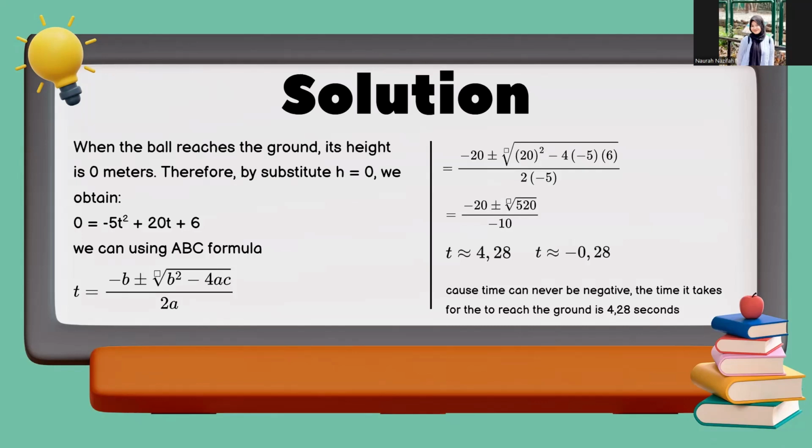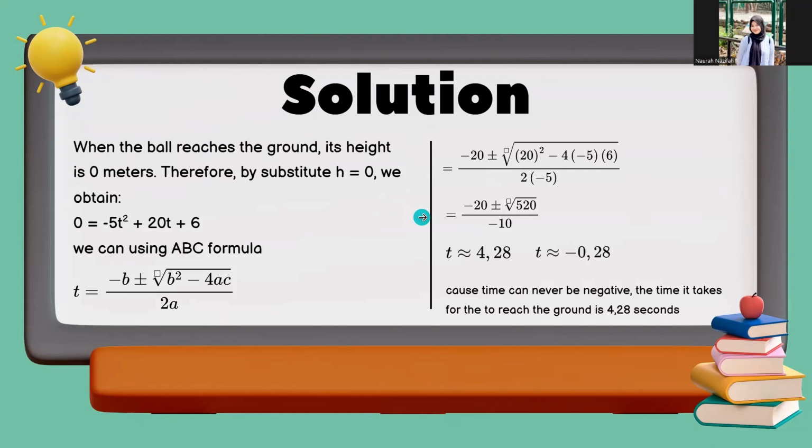t equals negative b plus or minus the square root of b squared minus 4ac, all over 2a. Then we get negative 20 plus or minus the square root of 20 squared minus 4 times negative 5 times 6, all over 2 times negative 5.